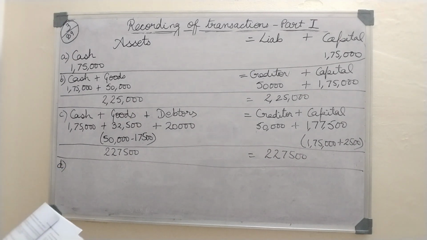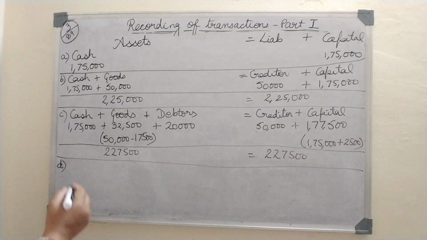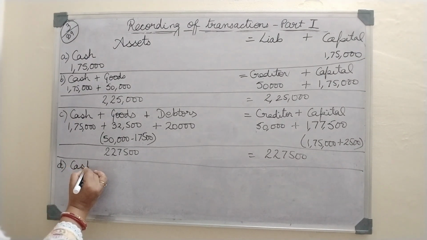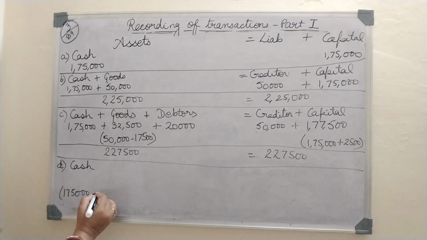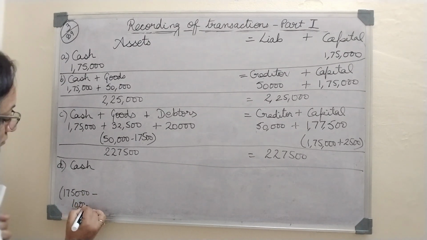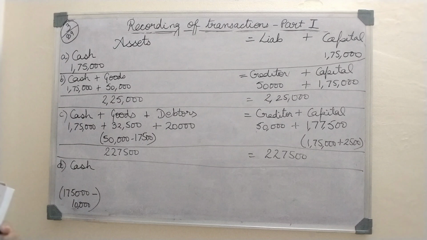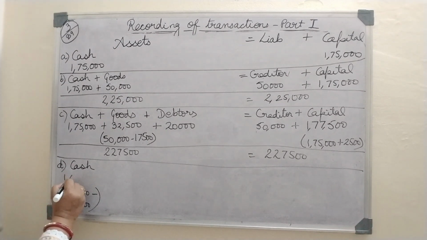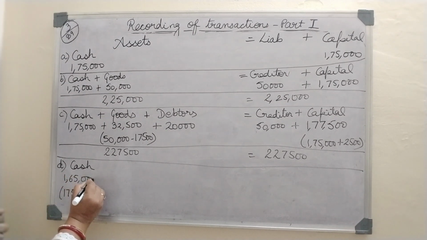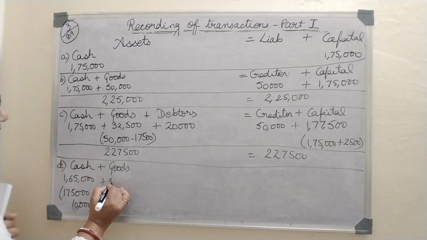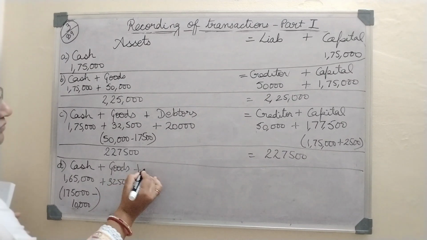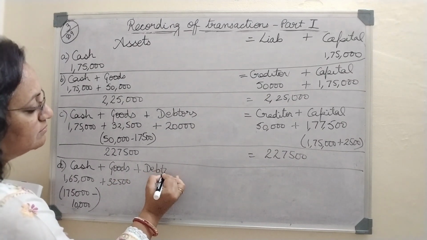Now part D, purchase furniture for office use. When furniture is purchased, it is purchased out of cash. So 1,75,000 minus 10,000 comes to 1,65,000. Goods will remain the same. Debtors will remain the same.